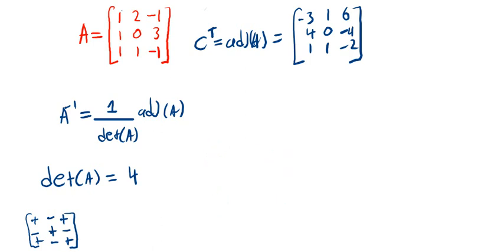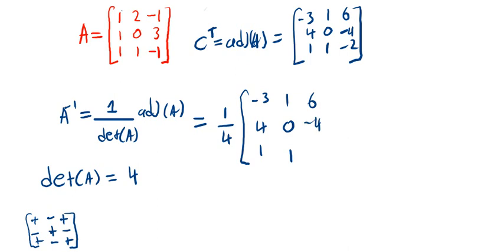So now we can go ahead and find the inverse of A. So you observe the inverse of A here, we said it's equal to 1 over the determinant, which is 4, multiplied by that one there, which is minus 3, then 4, 1, 1, 0, 1, 6, minus 4, minus 2 here.